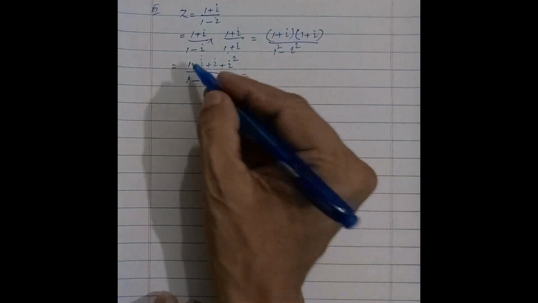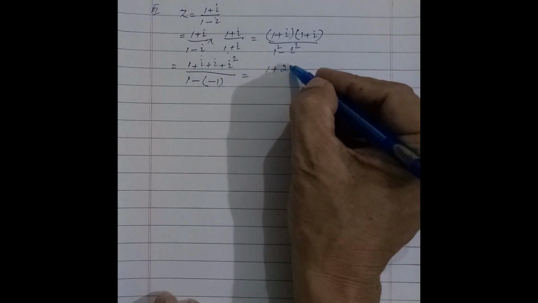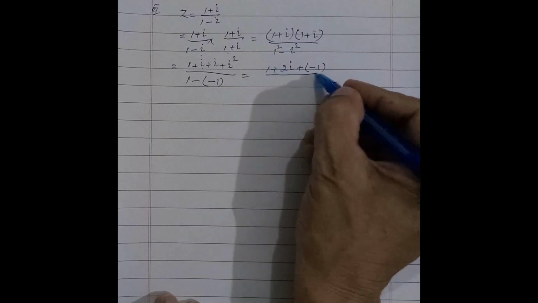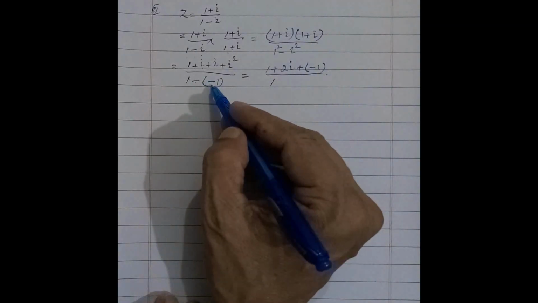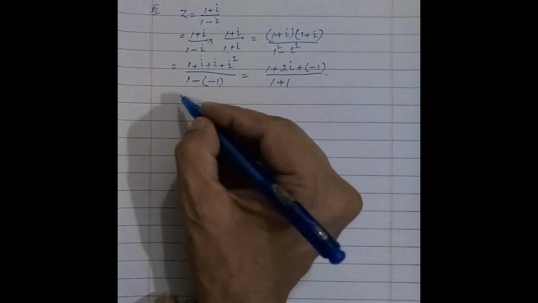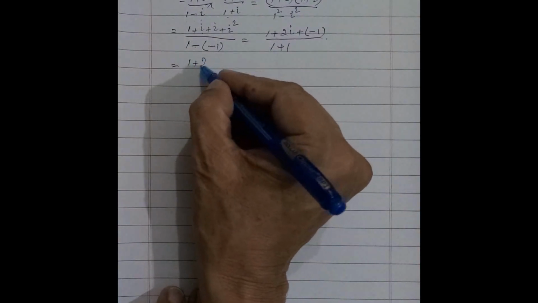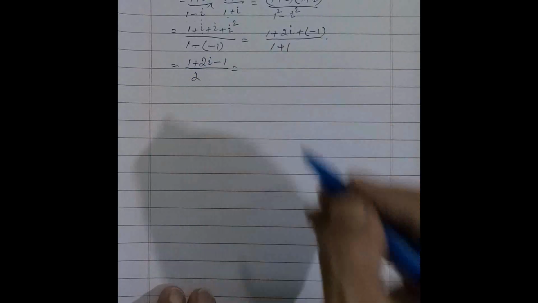Now simplify it, 1 plus iota plus iota is equal to 2 iota, and iota square is equal to minus 1. And further simplify these values, 1 minus multiplied by minus we get plus 1, and the answer is 1 plus 2 iota minus 1 over 2.